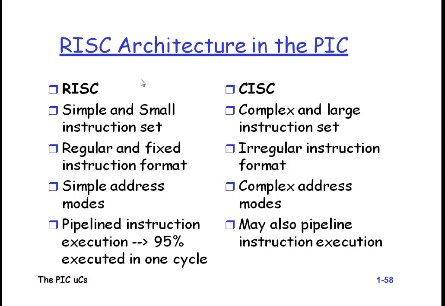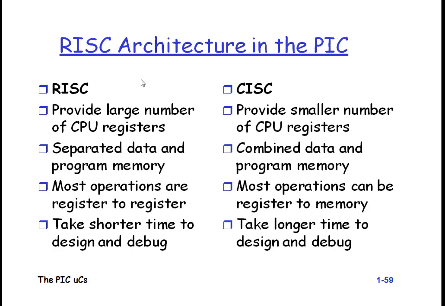RISC is a simple and small instruction set. CISC is a complex and large instruction set. RISC has regular and fixed instruction formats, simple addressing modes, and pipelined instruction execution, with 90% executing in one cycle. CISC has complex addressing modes and different pipelines, so more time is required.